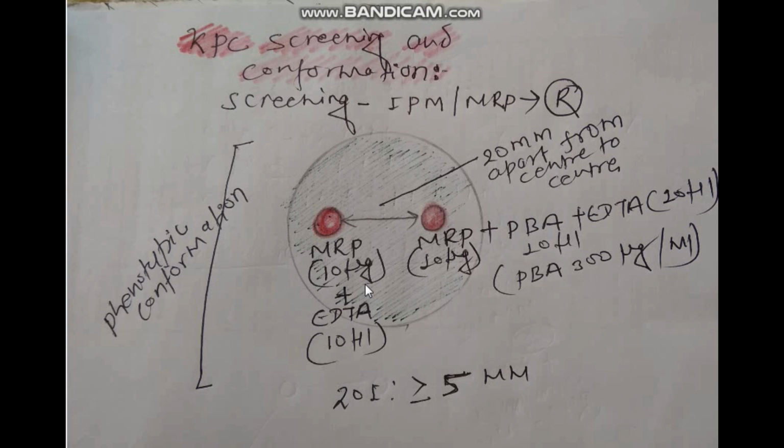After overnight, the zone of inhibition of the combination drug, that is meropenem plus phenylboronic acid plus EDTA, equal or greater than 5 mm than that of meropenem, the organism is KPC.